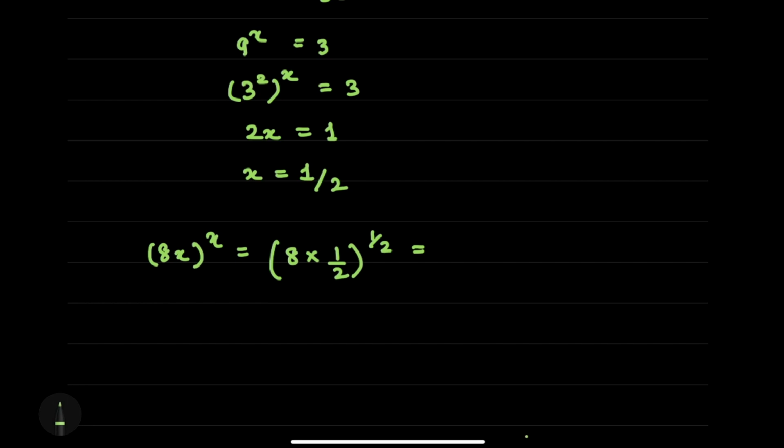So we have, if we simplify, 4 to the power 1 by 2, and then if we convert this 4 to 2 square, 2 to the power 2 into 1 divided by 2, we get 2 to the power 1, and the final answer comes out to be 2. So 8x whole to the power x is equal to 2. I hope you understand this. I understand this is a comparatively difficult question. I hope this makes it a lot clearer.